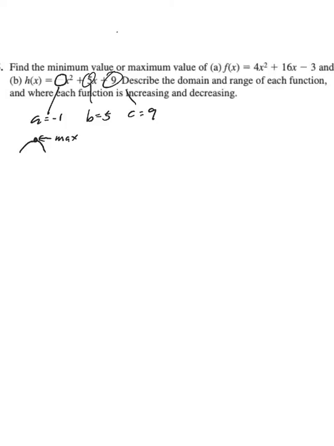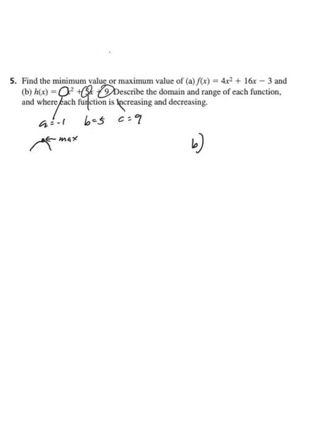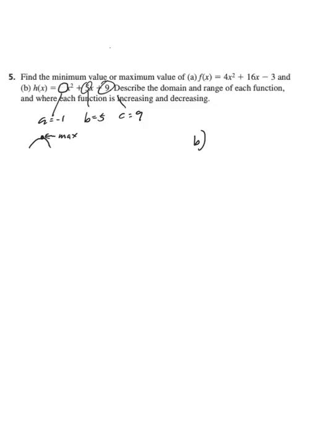Okay, so let's see if we can figure out what that maximum y value is. First thing we need is the x value of the vertex. So h, the x value of the vertex, equals -b over 2a. Have we seen this enough yet? -b is -5 over 2 times -1, which is just going to be a +2.